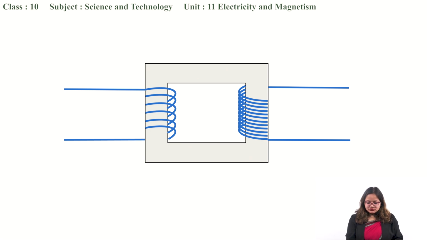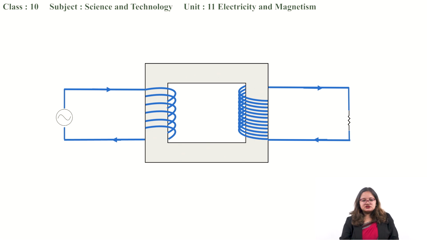Okay, so these two windings are connected separately. One is connected with the AC source, as you can see, and the other one is connected with the load. The part, or let's say the windings, which are connected with the AC source over here, you can see the windings are connected with the AC source, right?